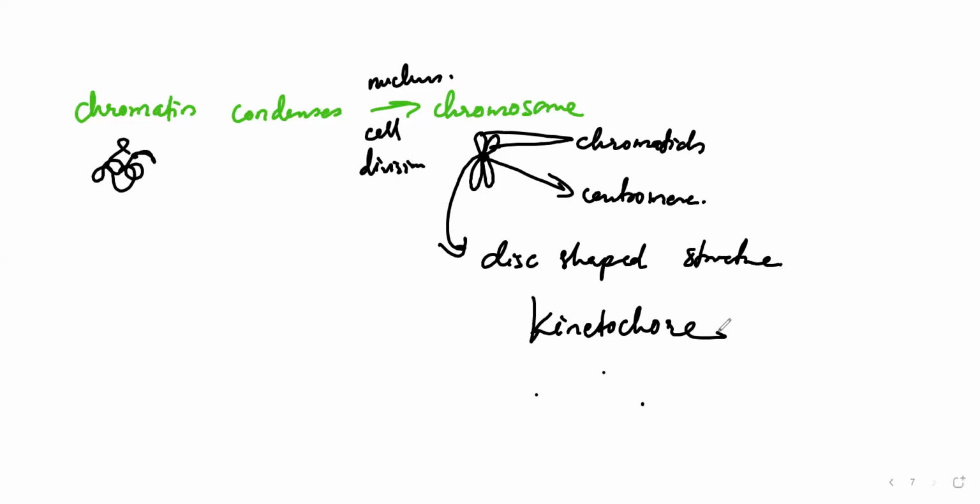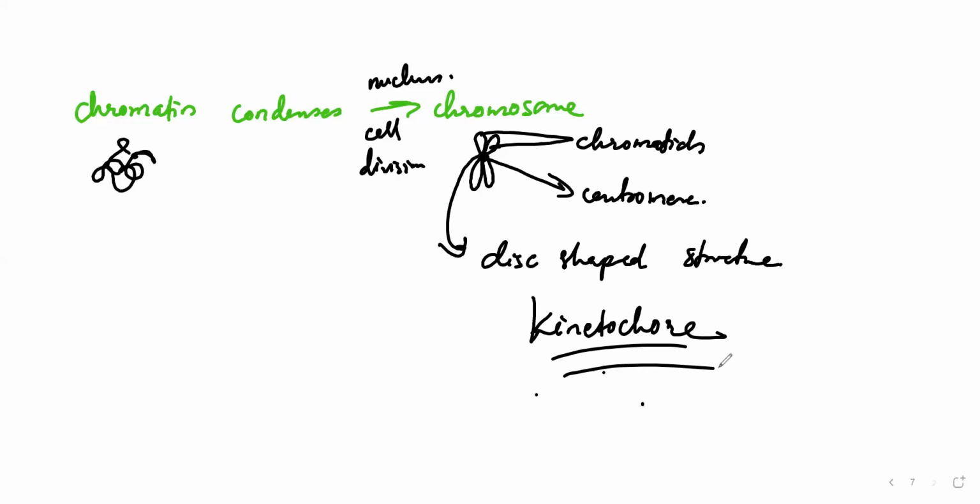So the chromatin condenses to form a chromosome during cell division, and this chromosome has two chromatids, initially attached to the centromere. But later, when the cell division process is happening, it converts into a disc-shaped structure, which is called what?